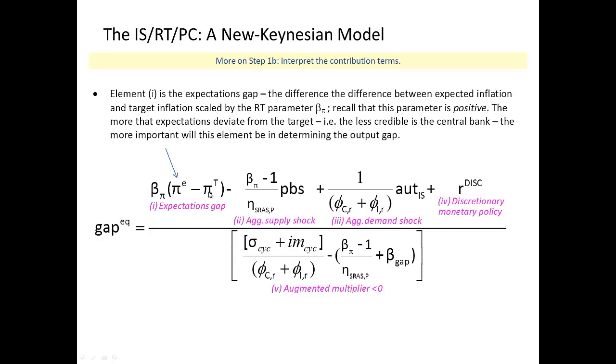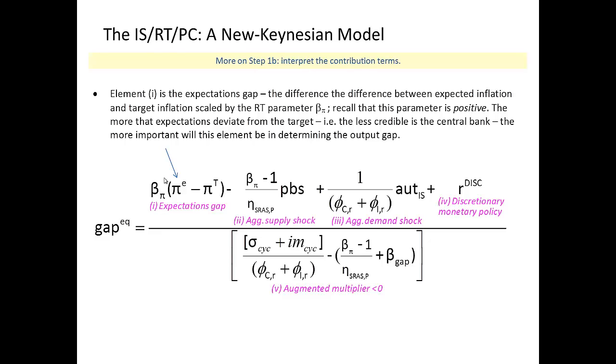Okay, there's no expectations gap. But if expectations are higher than the target, that means that the central bank lacks credibility. And if the central bank lacks credibility, what a central bank has to do is respond by raising interest rates to show that yes, they are a serious central bank and they do want to bring down the inflation rate.